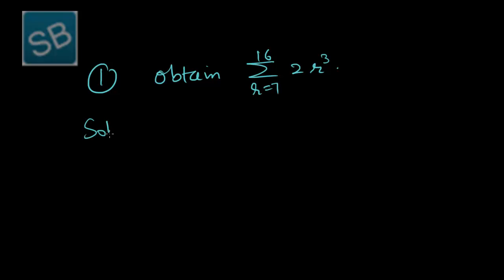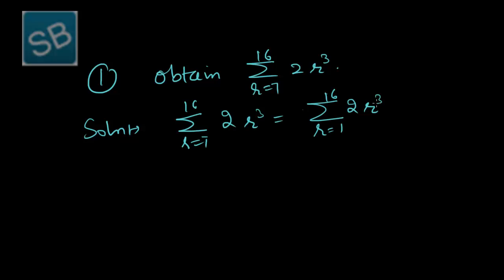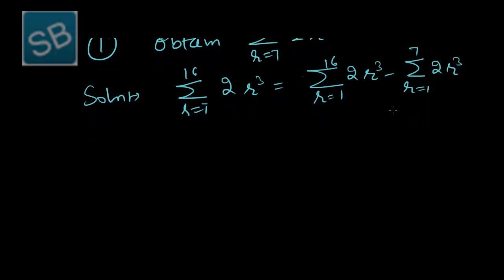That means we take the difference of the summation r from 1 to 16 of 2 times r cubed minus the summation r from 1 to 7 of 2 times r cubed, it gives r from 7 to 16.